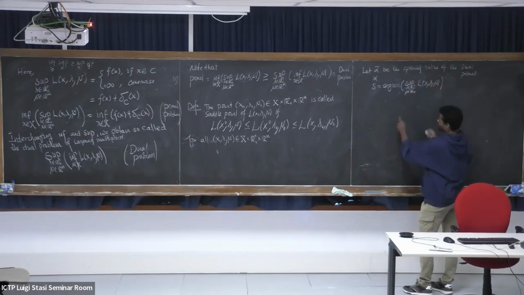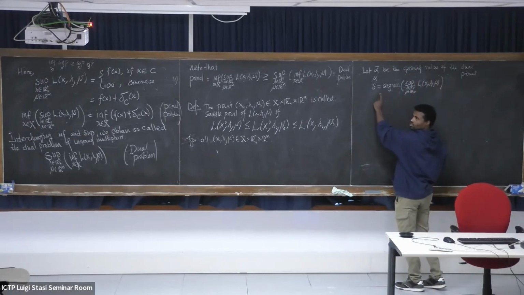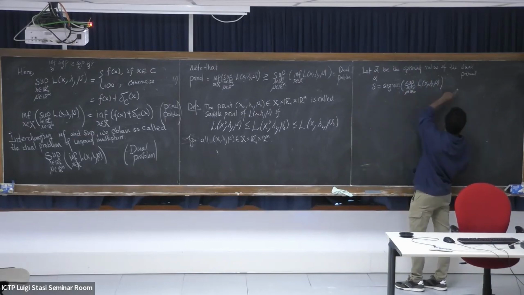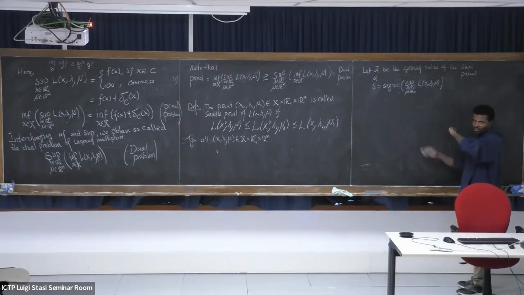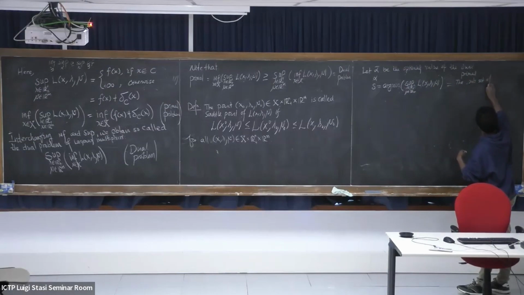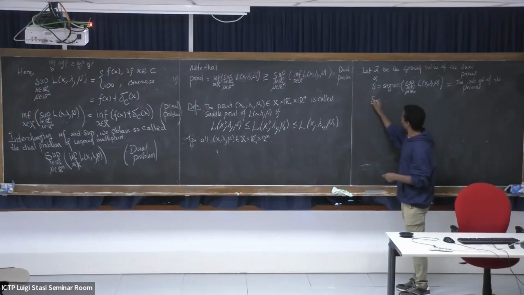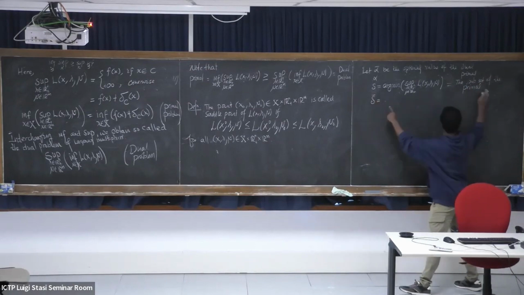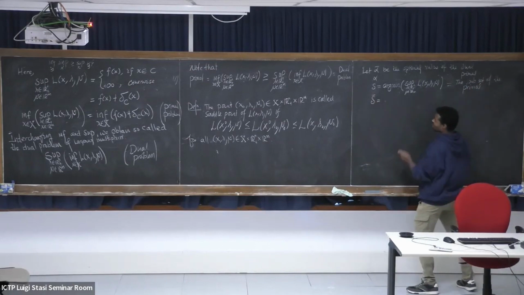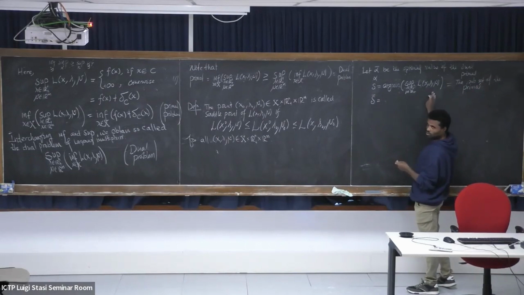Why do I state it this way instead of saying S is the solution set of the primal? This means this is a solution set of the primal. I can state it this way, but it's also important to understand it this way.